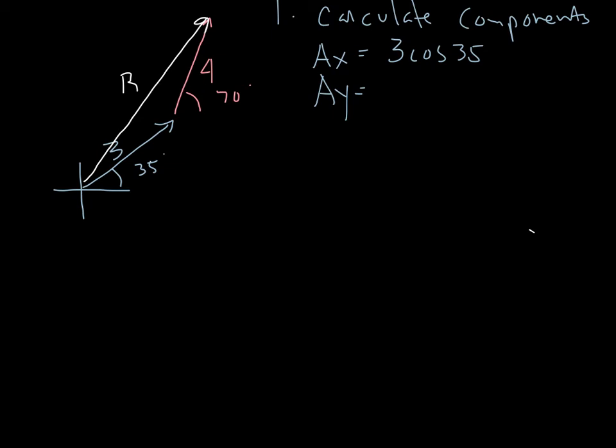AY is going to be 3 sine of 35. Well, since we're going through this, we can say BX and BY as well. BX is going to be 4 cosine 70, and BY is 4 sine 70.